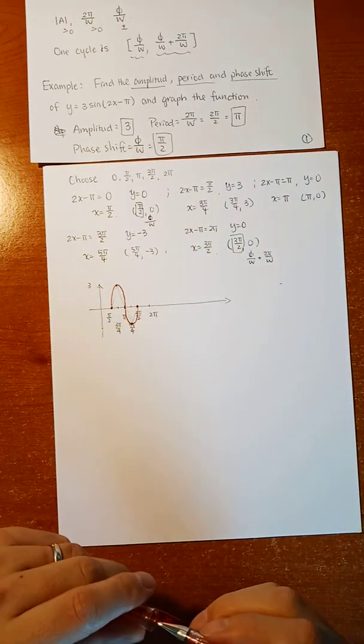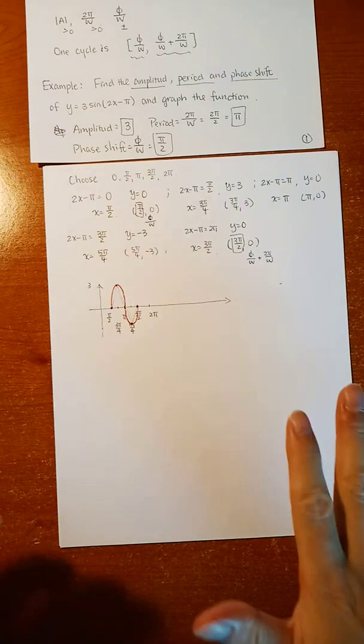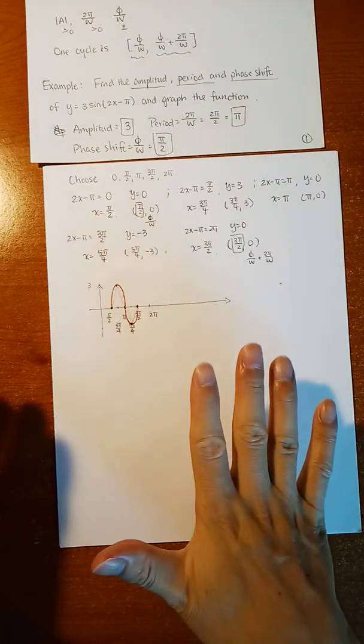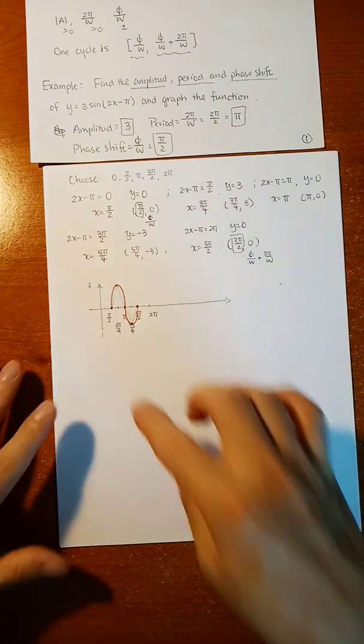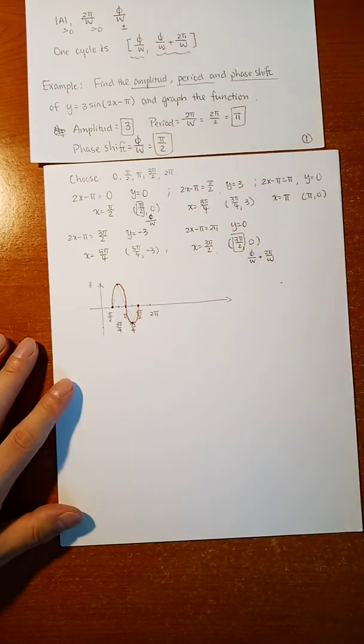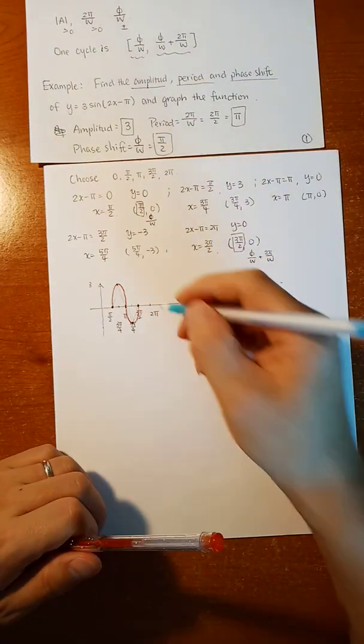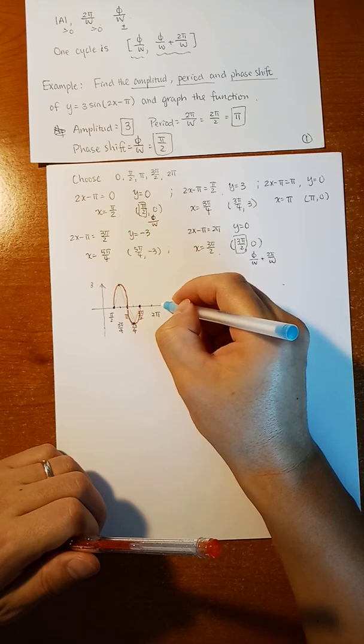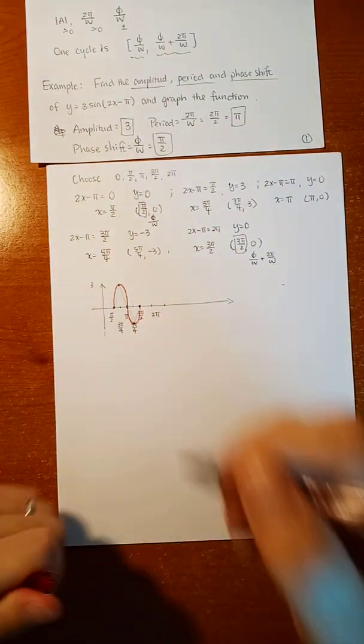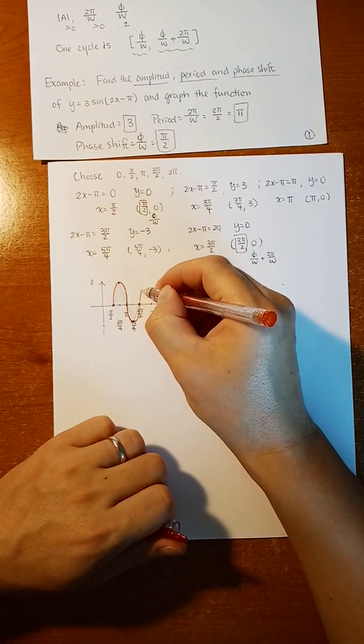This is one period. Okay, to sketch sine and cosine functions, let's just use one period. If you want, you can just repeat it. If you repeat it, it will be like this.